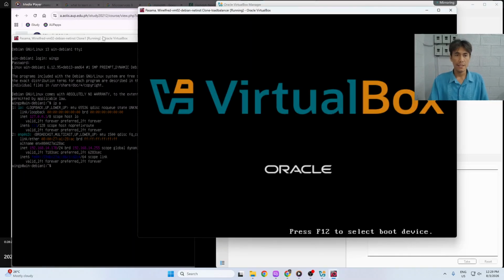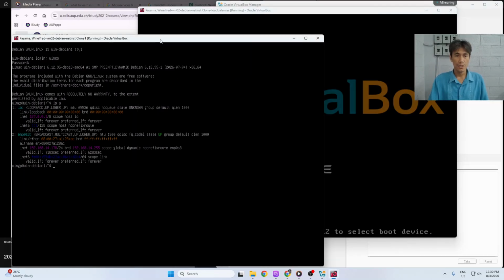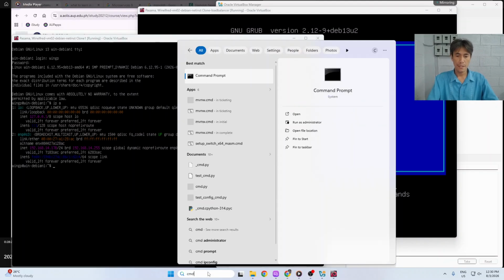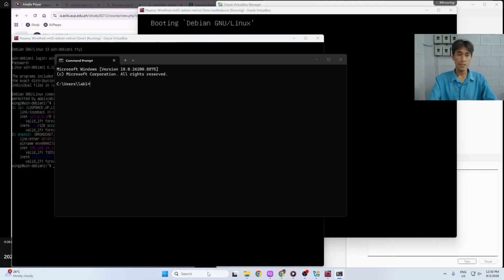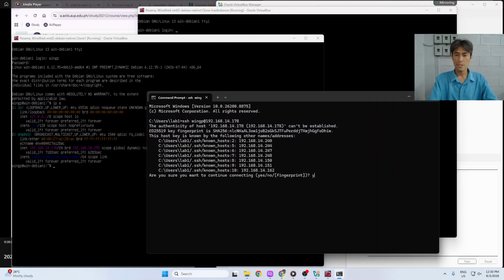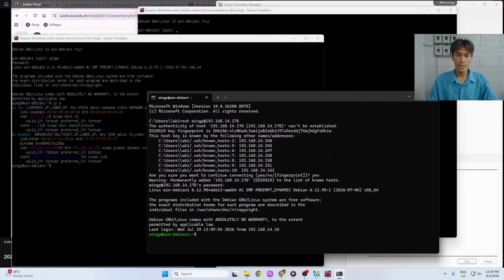While that's starting, I'm going to use CMD and SSH to connect to 192.168.14.178, because it's easier to paste and zoom using CMD and SSH than here.